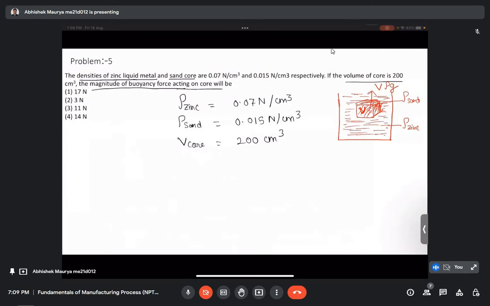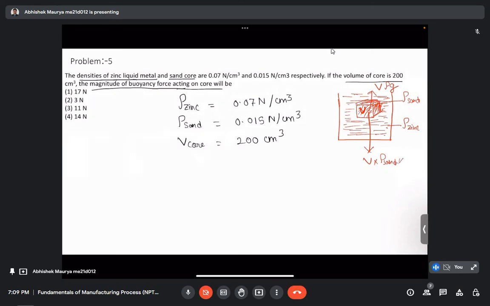Whereas there is another force acting on this block because of its own weight, and that will be equal to the volume of the core multiplied by the density of the core, which is raw sand, multiplied by g.